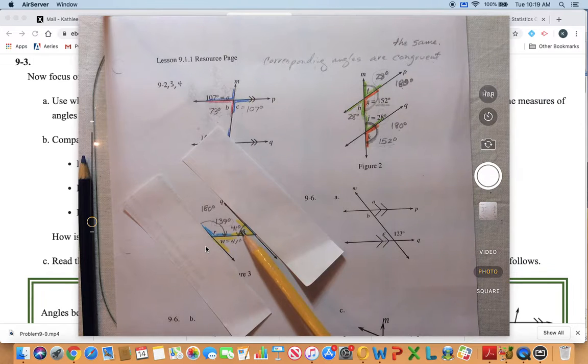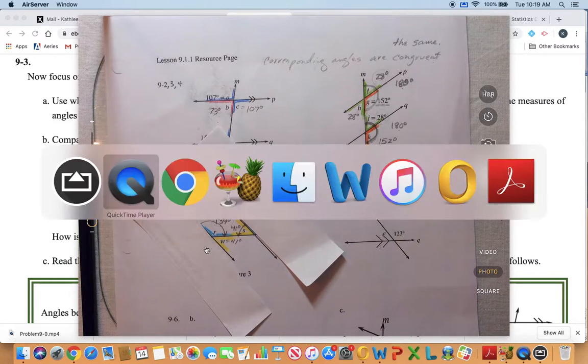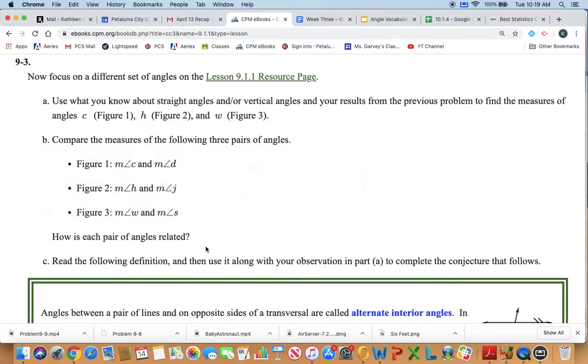One is on this side, one is on this side. Now let's look at the measure. As in the case of the other two, the measure of W and S is exactly the same. It's 41 degrees.